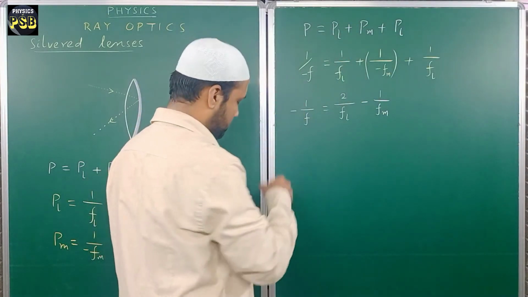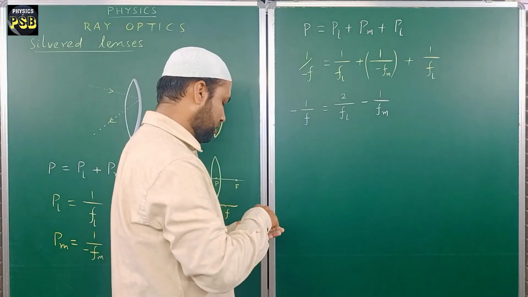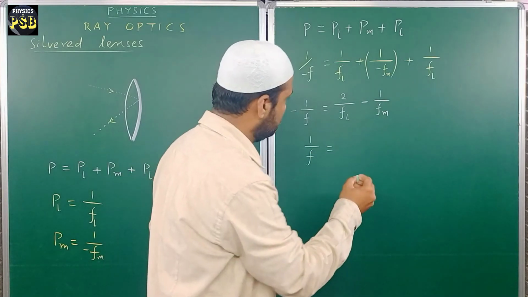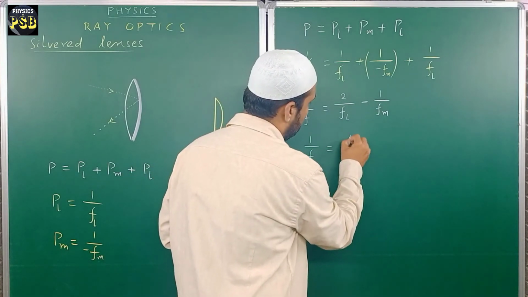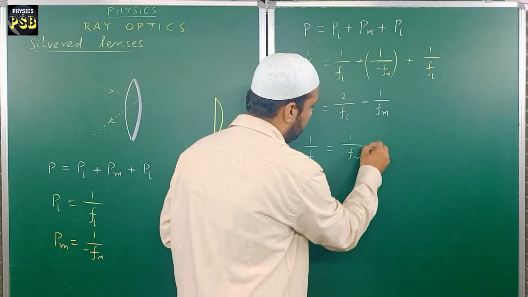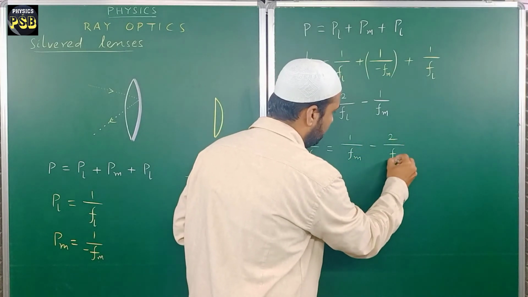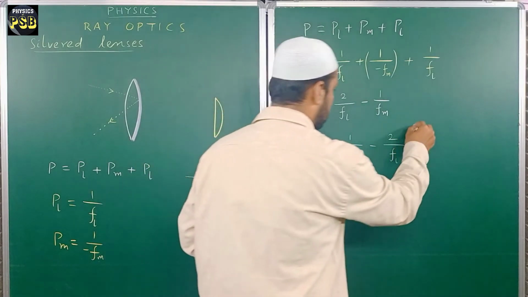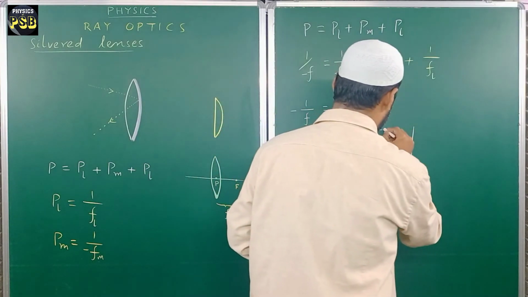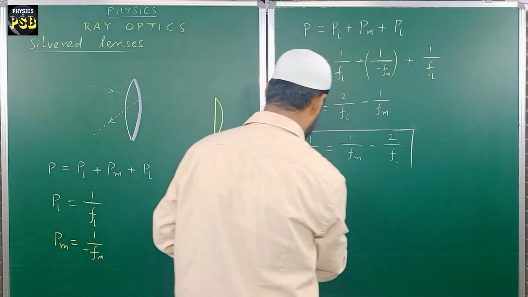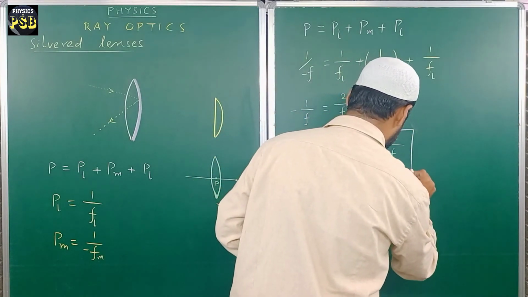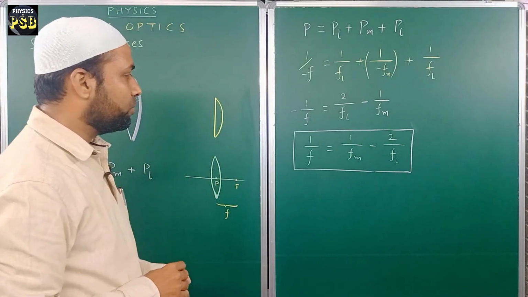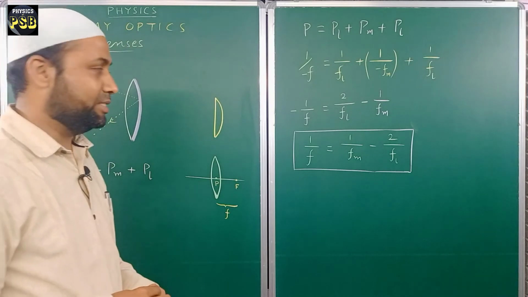If you want to remove this minus sign, then the equation can be written as 1 upon F equals 1 upon FM minus 2 upon FL. This is the final equation which gives us the power of a silvered lens.